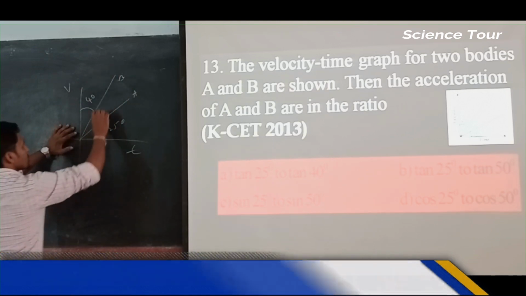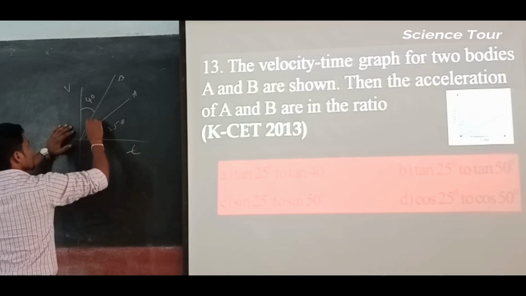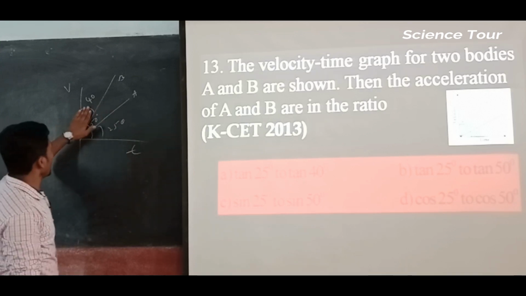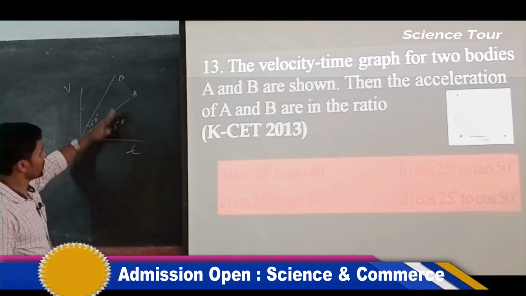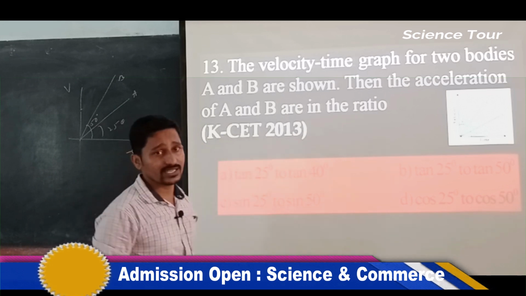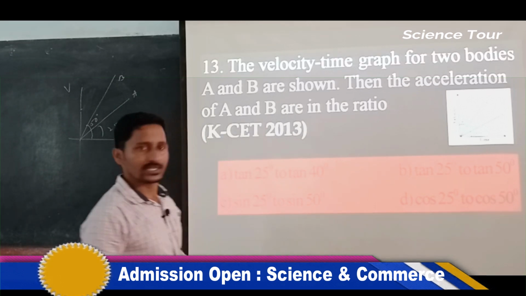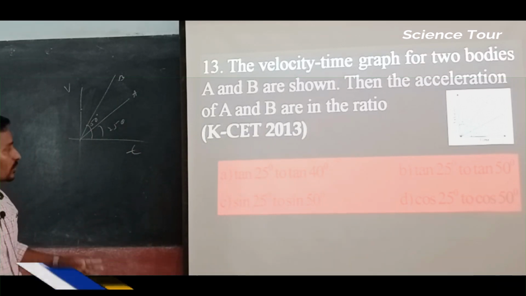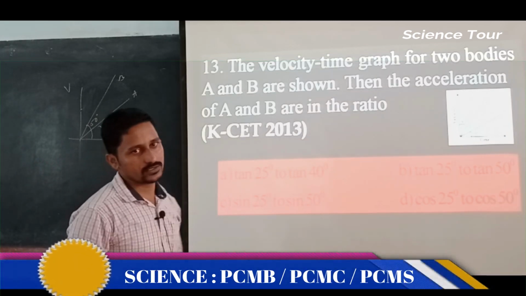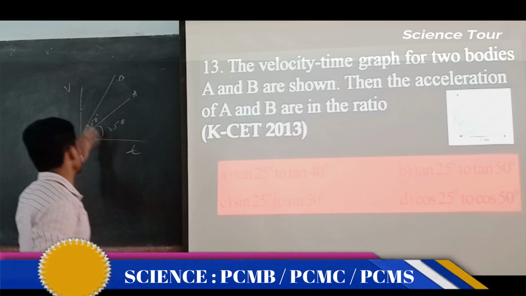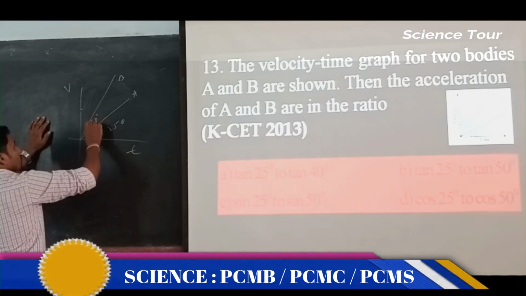Then 90 minus 40 is 50. We studied the angle from the x-axis always, not from the y-axis. So from the x-axis it is 50 and 25.